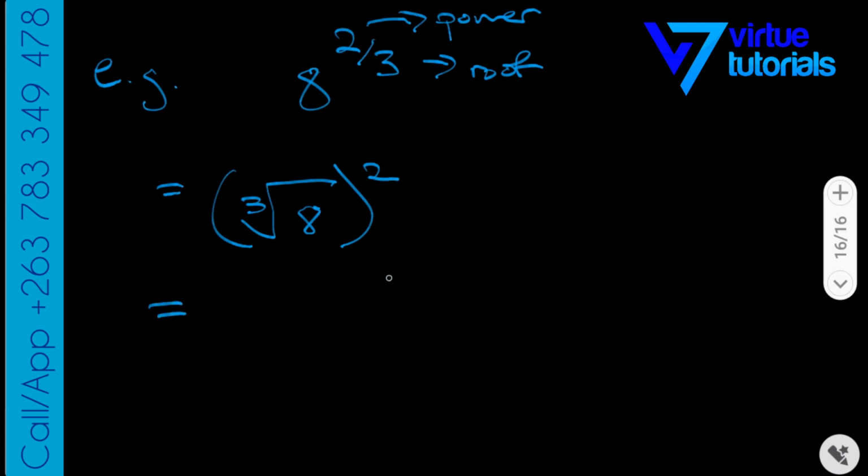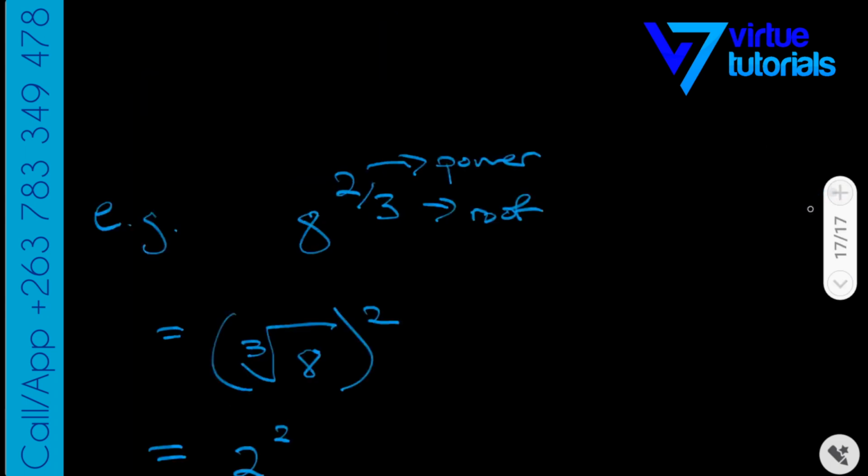Cube root of 8, simply what number multiplies itself 3 times to give you 8? 2 times 2 times 2 is 8, so we're looking at 2. The result of cube root of 8 is 2. I'll then raise this 2 to the power 2. 2 to the power 2 gives you a 4.